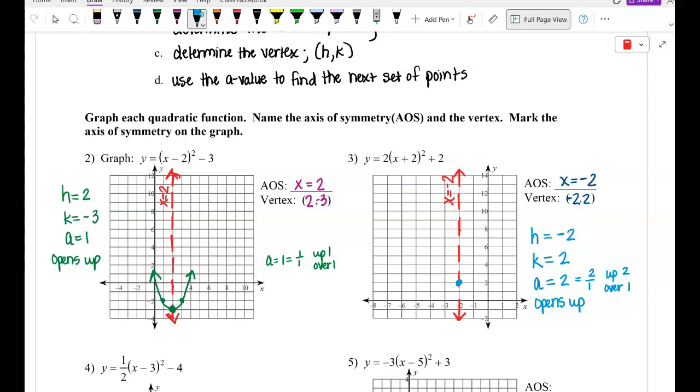And again, that over is going to be to the right and to the left because I need mirroring points. So from there, I'm going to count up 2 and over 1. And I should have points on either side of my axis of symmetry that are the same distance from the axis of symmetry. And again, that's enough to give me my general shape.